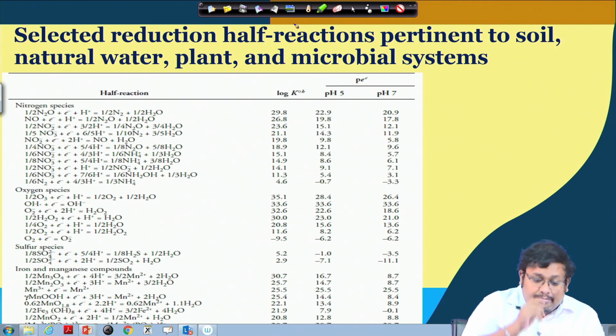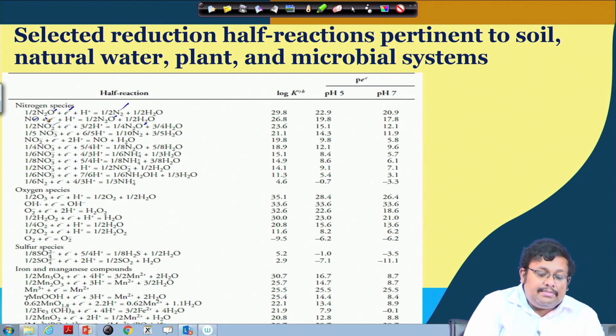Just for some examples, you can see that nitrous oxide, when it accepts electrons, produces nitrogen gas. When nitric oxide accepts electrons, it produces nitrous oxide. Nitrogen dioxide can be converted to nitrous oxide. So, you can see how different species of nitrogen change their form by accepting electrons, or getting reduced.